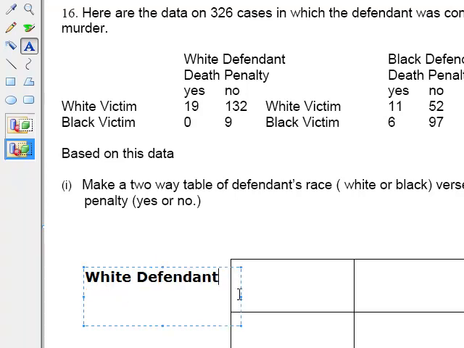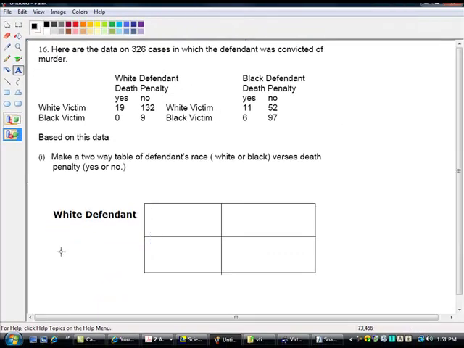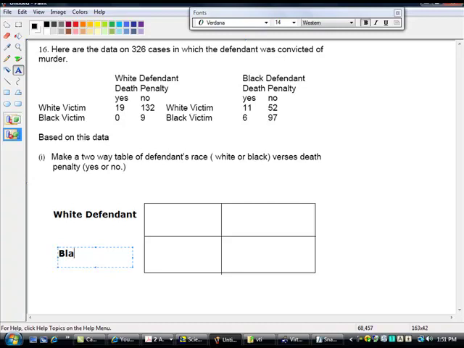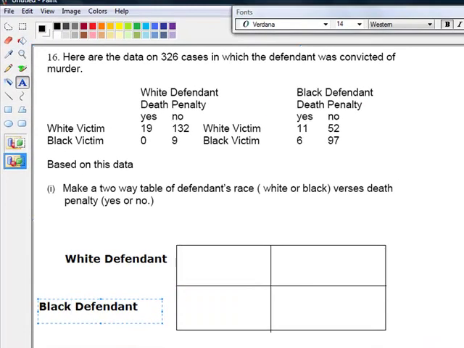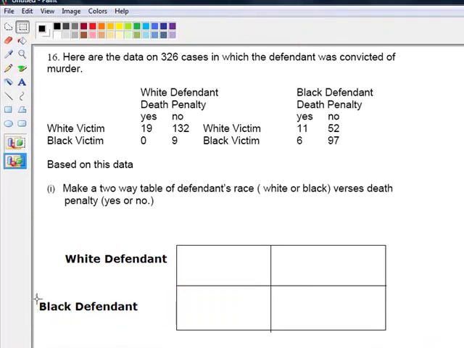Makes sense? And then here we will write black, or rather just a second, we'll expand the place and change this to black, right?